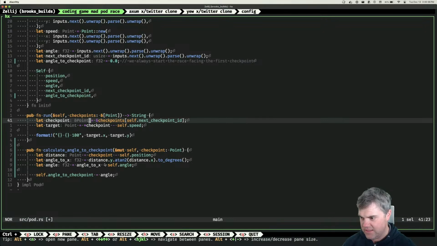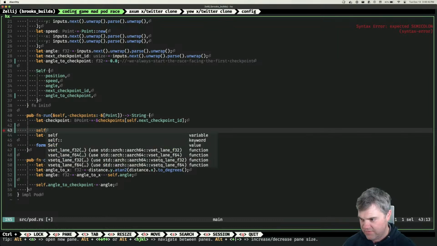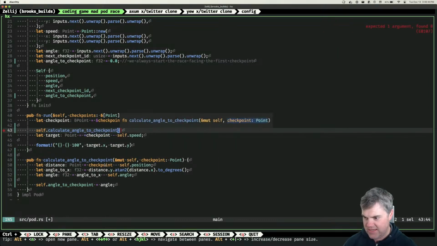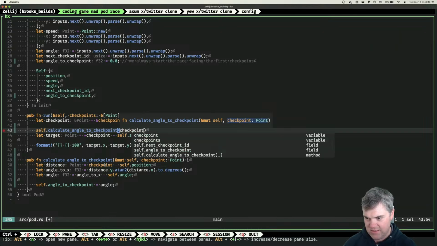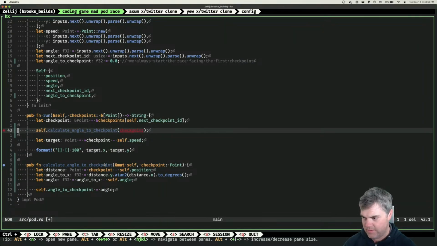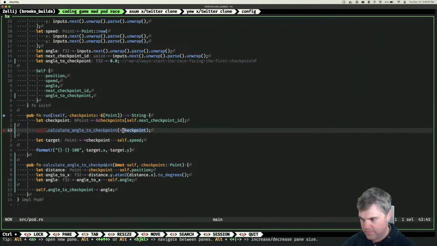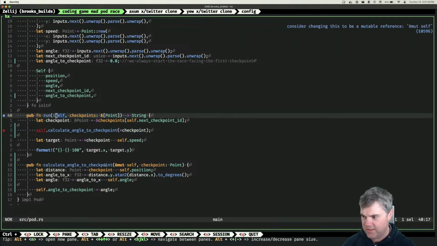Let's do self dot calculate angle to checkpoint, hand it checkpoint. Oh, you need to be mutable now.